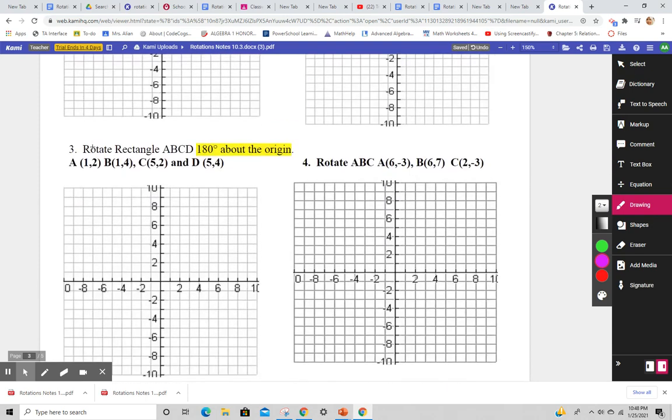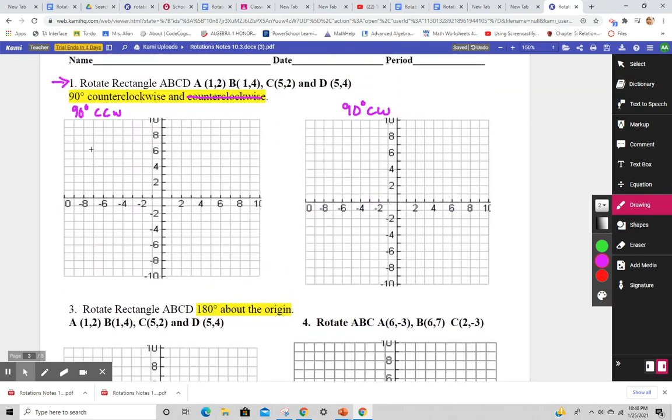So you have 4 rotation problems that I want you to work on by yourself.